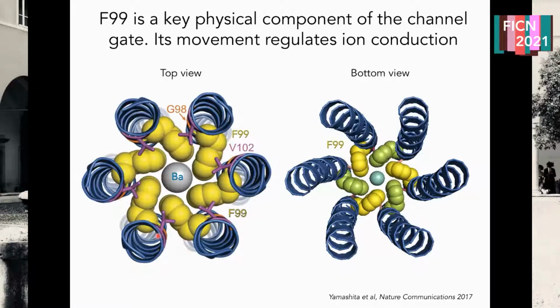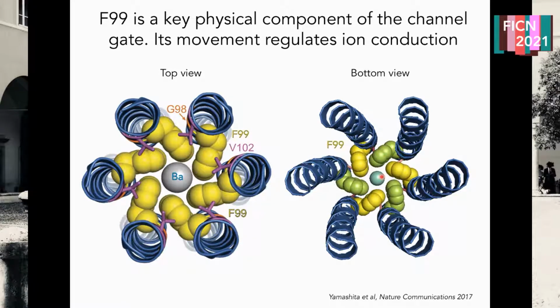So in other words, when an ion enters the ion conduction pathway, so this is now sort of the model, you can see that in the resting state in the crystal structure with a barium ion that is stuck at the selectivity filter, with these phenylalanines in a pore-facing orientation, there is very little likelihood that this is going to have sufficient opportunity to pass through the ion conduction pathway.